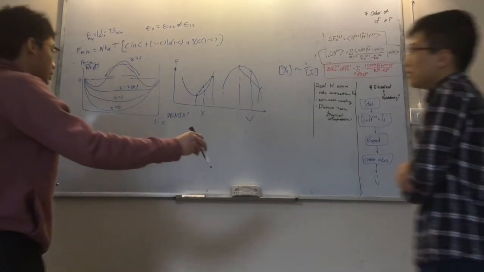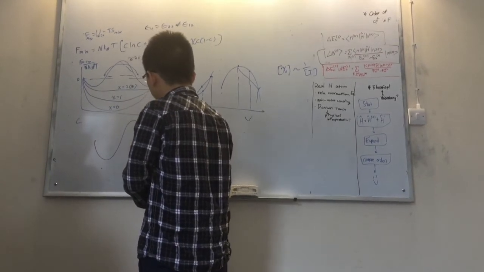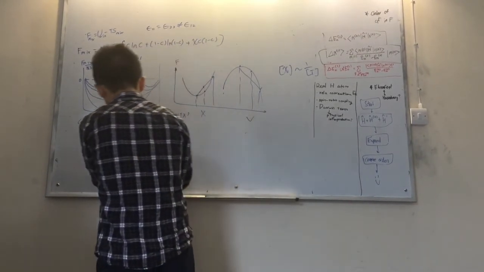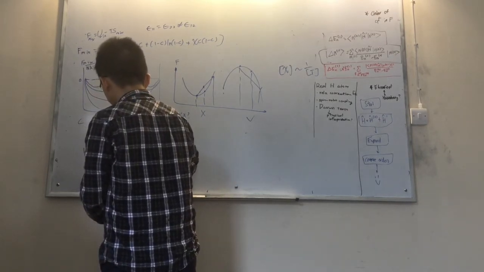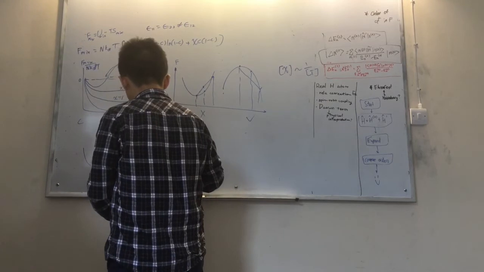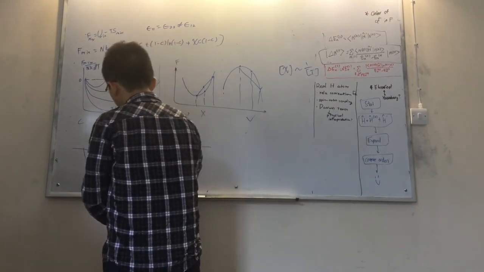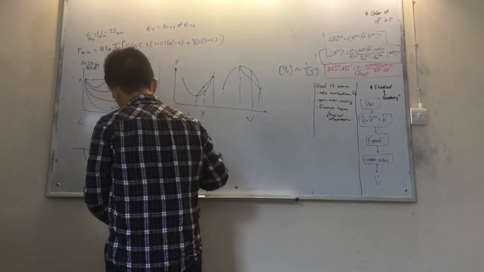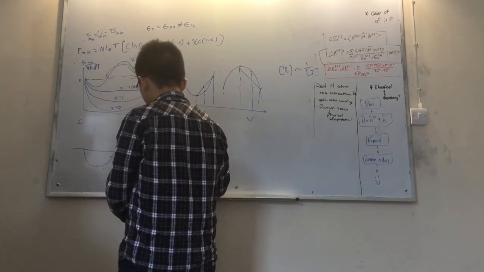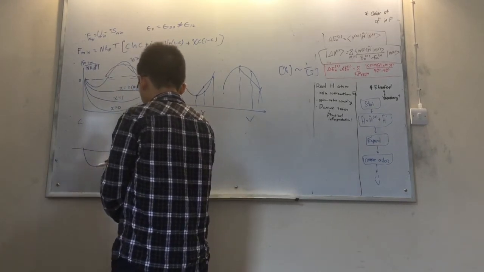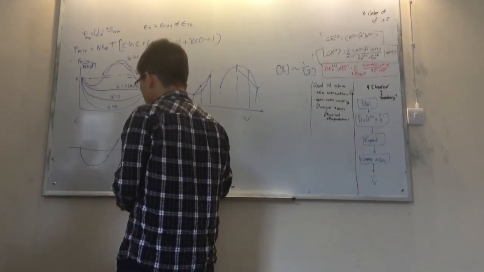If you have a free energy curve like this, as long as your concentration is in between these two points, it is favorable for the energy to demix.